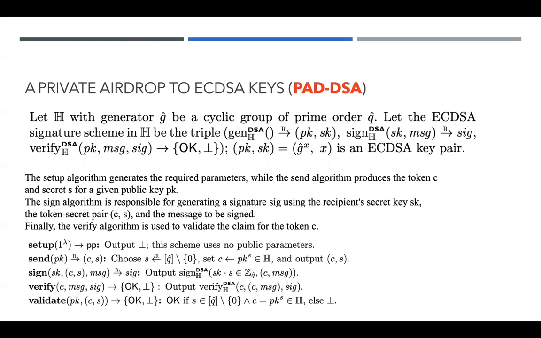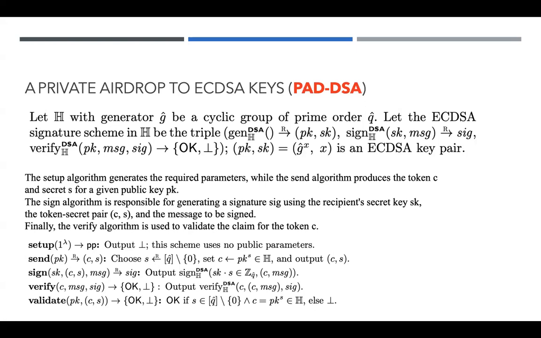PAD-DSA is an advanced cryptographic scheme tailored for ECDSA keys with rigorous security guarantees and well-defined syntax. By leveraging the properties of the underlying ECDSA signature scheme, PAD-DSA achieves privacy, unforgeability, and weak orthogonality, making it a robust solution for secure airdrop transactions.